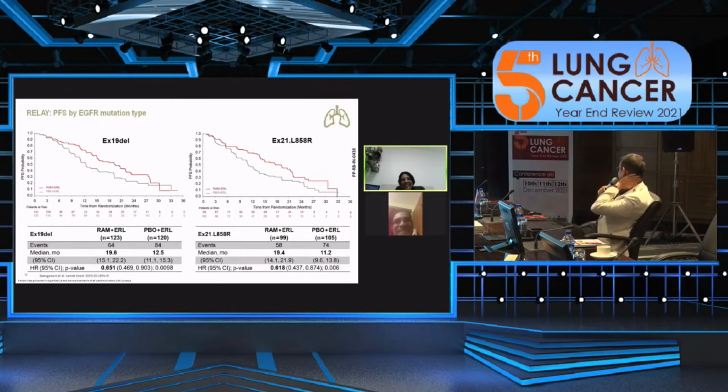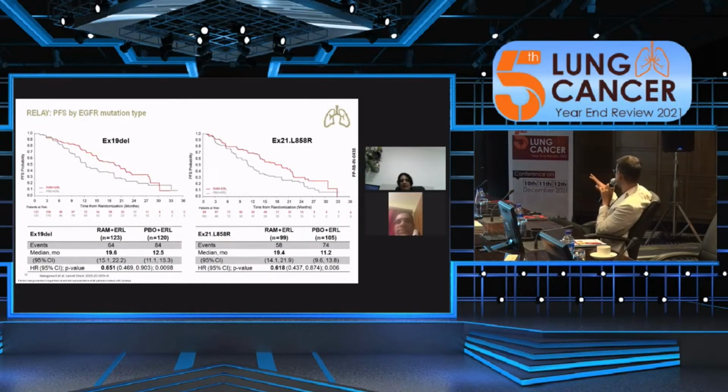So for me, I look at it like a relay race. It's not that you have only one runner. The winner will probably be decided by the second as well as the third runner. So if there is a patient who really has bad disease and CNS disease and will not make it to the second line, then maybe osimertinib is the winner there because we have some overall survival data.